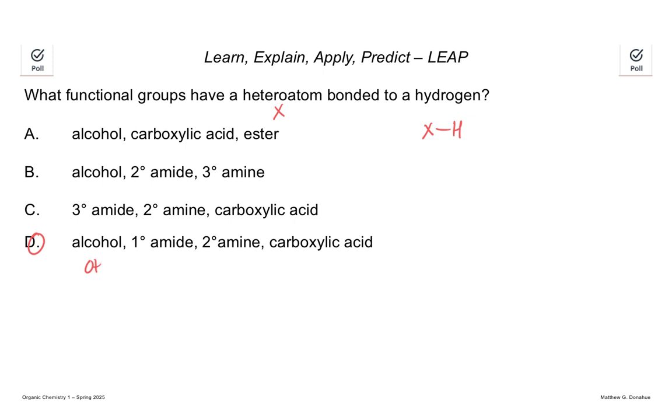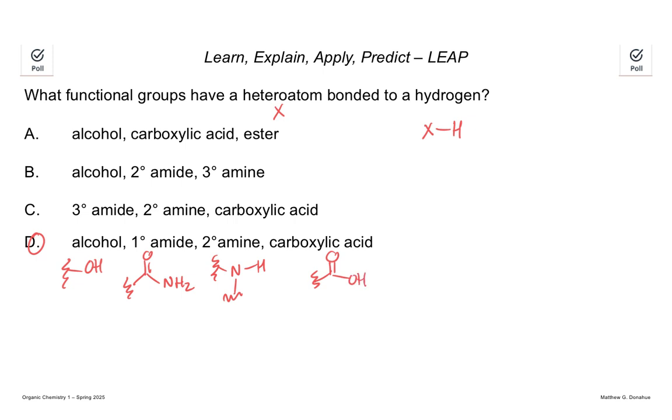So we have OH. I'm just going to draw that squiggle. Primary amide has NH2. Secondary amine, and then a carboxylic acid has OH.